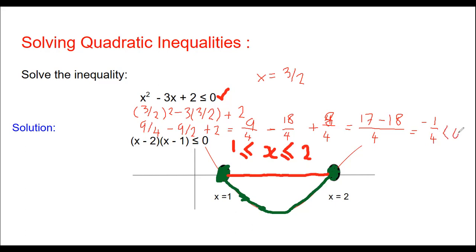In other words, it's less than 0. So does it satisfy our inequality? The answer is yes, because it's less than 0. So less than or equal to 0. The equal to 0 part comes from x being 2 and x being 1.